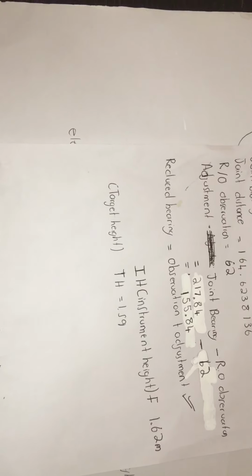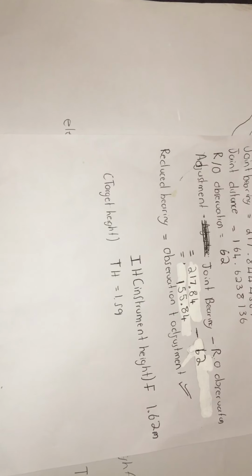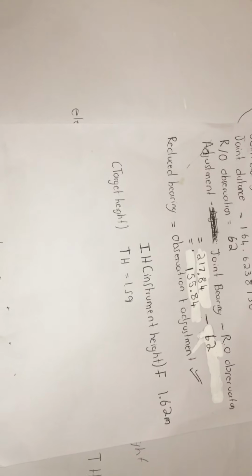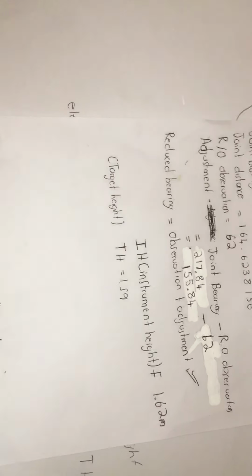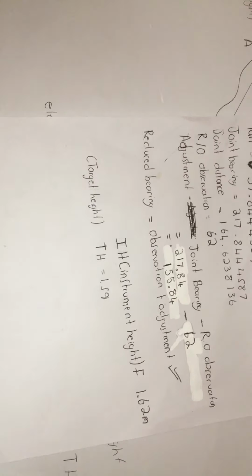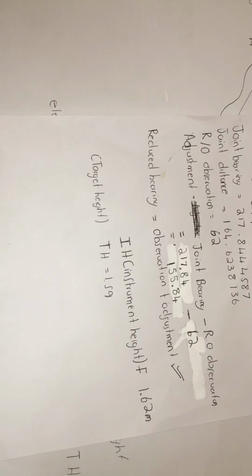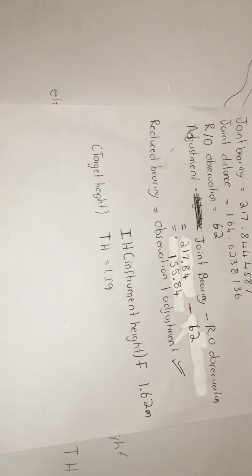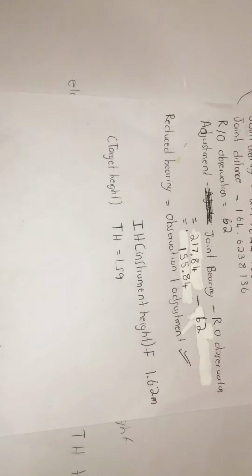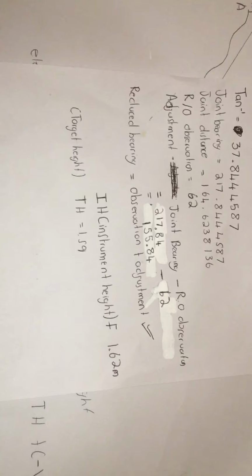From there, in order to determine the other reduced bearings on your table, I'll show you when we go further. You'll have to use the adjustment that you determined from those 2 points and add it to the observation, which is the horizontal observation, to get all those other reduced bearings. I'll stop here for now, and then we'll go on with our calculation. Thank you.